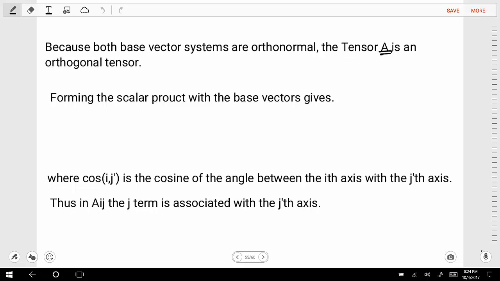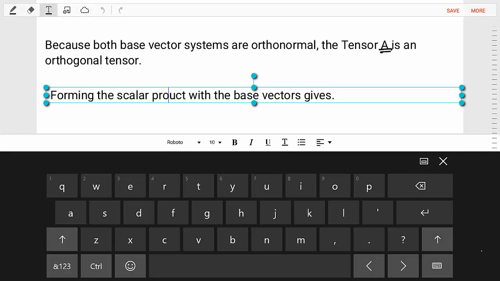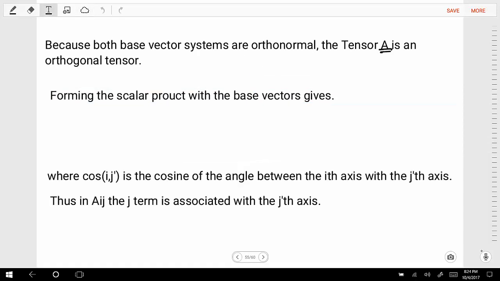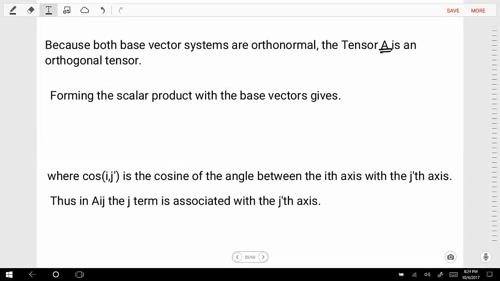So if we form a scalar product with our base vectors, let's fix this typo here, we'll find the following. So let's do the dot product of our original base vectors dot our new base vectors. We'll remember that the magnitudes of these base vectors are equal to 1.